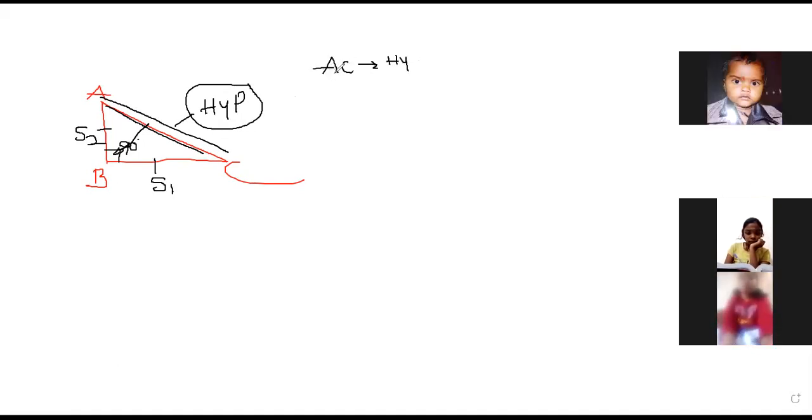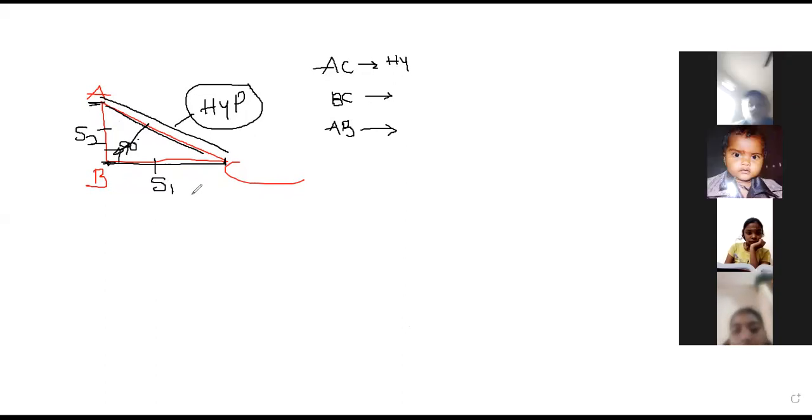The distance between A and C. If I write BC, it means the distance from point B to point C. And if I write AB, it means the distance between point A and point B.